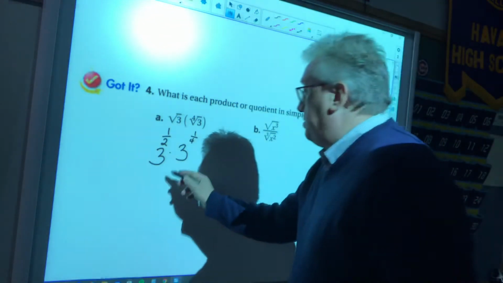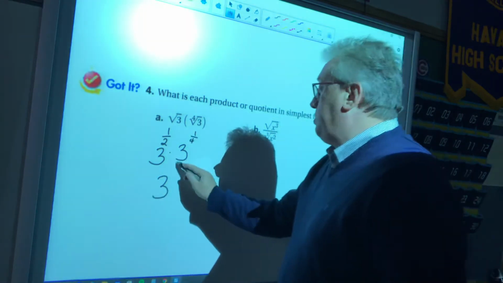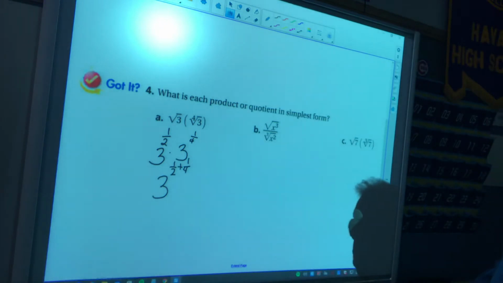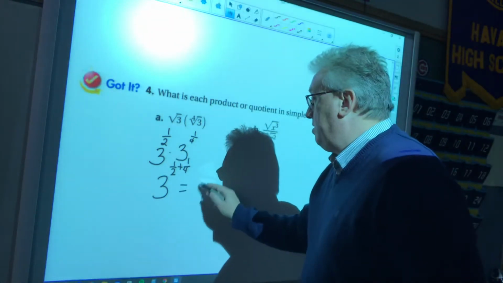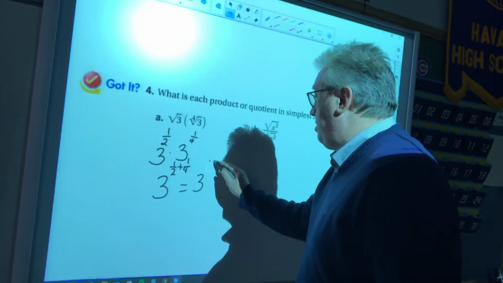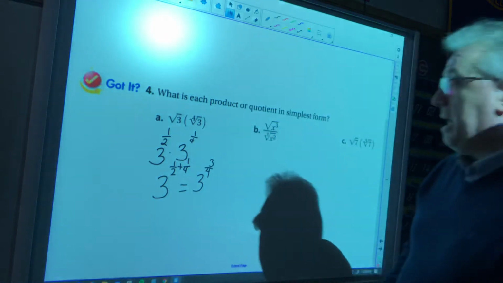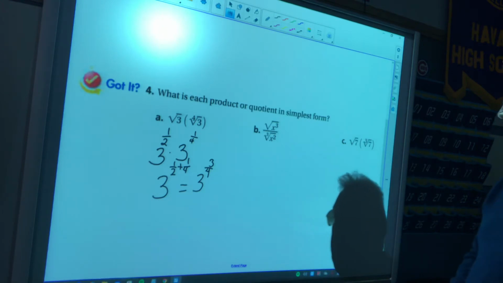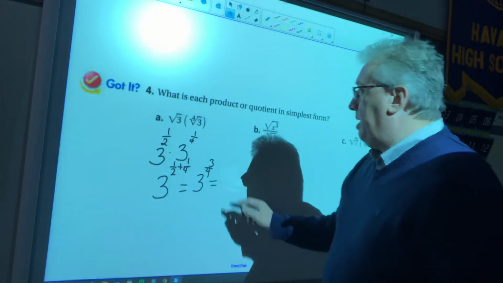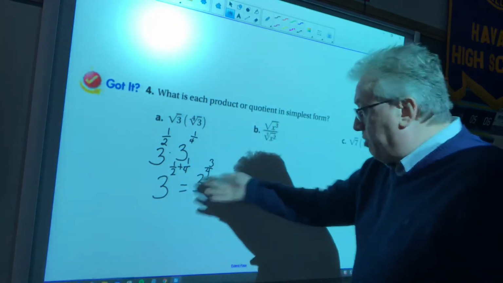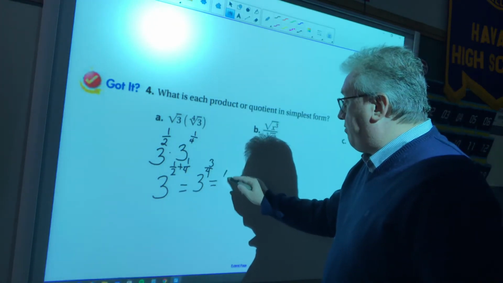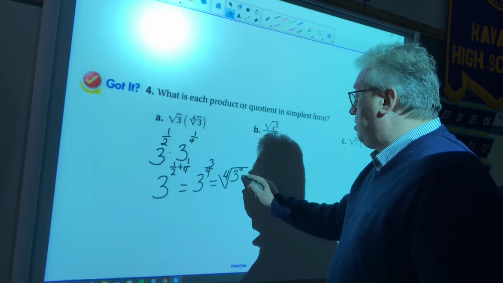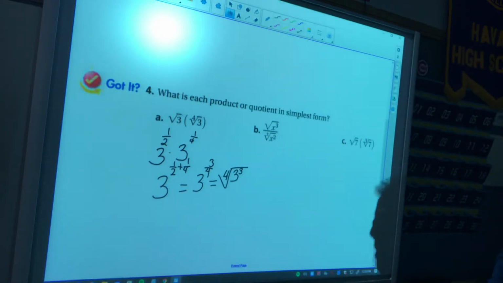So then that becomes 3 to the 1/2 plus 1/4 power, which is 3 to the 3/4 power once you do your common denominators. It's already in exponent form, so we want to convert this to radical form: the fourth root of 3 cubed.